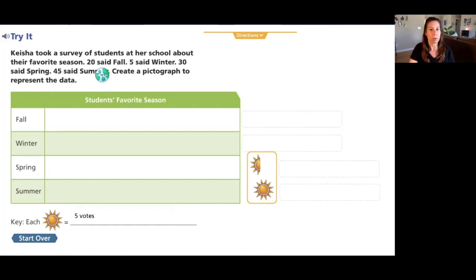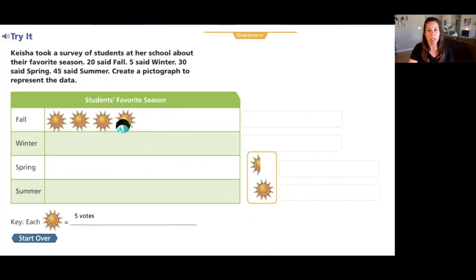Okay, so let's start with fall. 20. How many suns am I going to have to put to represent 20? Let's try. 5, 10, 15, 20, 4. 4 suns. Okay, here we go. 1, 2, 3, 4.